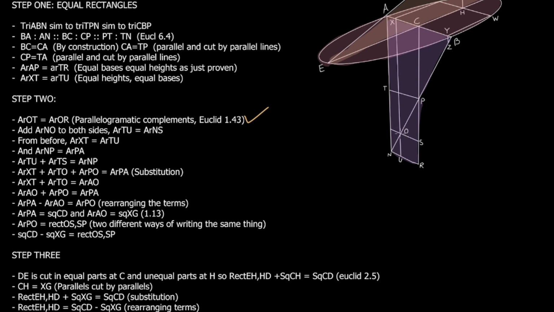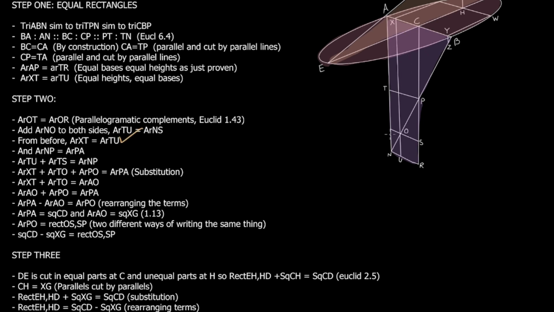And then we are going to add the area NO to both of those things. So now we'll have TU is equal to SN. And then from up here, we'll bring that down. XT is equal to TU. And let's see, area NP is equal to area PA.